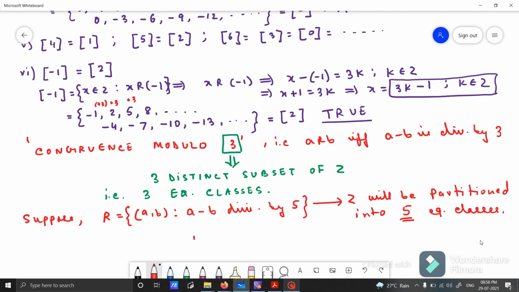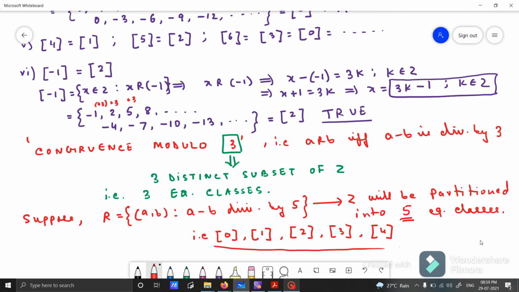And which are the classes? 0, 1, 2, 3 and 4. These are the only 5 different equivalence classes you will have. As soon as you go to equivalence class 5, you will get that to be equal to equivalence class 0. Equivalence class 6 will be equal to equivalence class 1, and so on. So these are the only ones. So what I said before, how many compartments or how many subsets into which the original set Z will be divided, that will depend on the definition of R, how you are defining R.